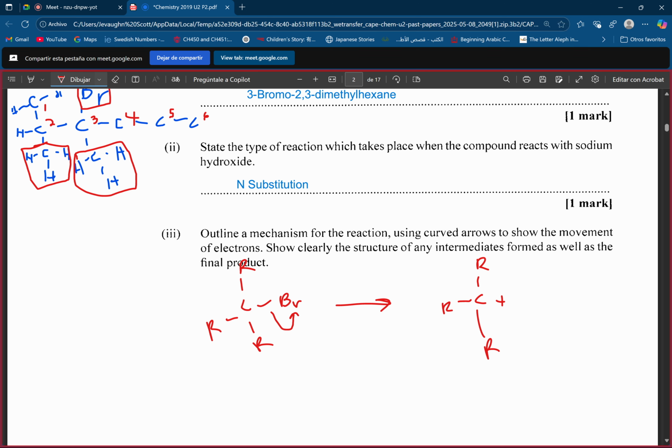The preliminary step would be the autoionization of our sodium hydroxide. So we know we have our sodium hydroxide, and we know that we're going to form an equilibrium between sodium ions and OH ions. Right?